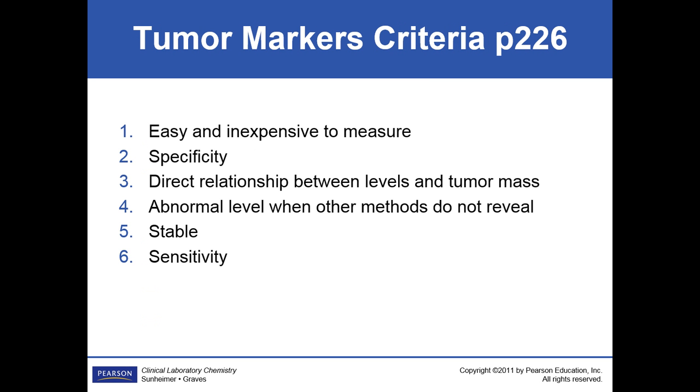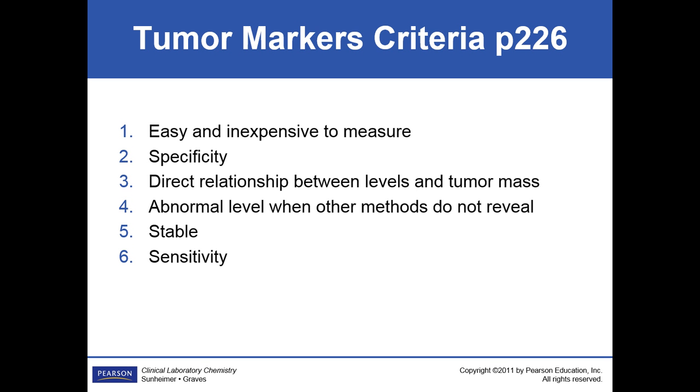The criteria for a good marker is listed in your text on page 226. We want something that's easy and inexpensive to measure. We want it to be specific for the one we're looking for. We want there to be a direct relationship between the amount and the size of the tumor.